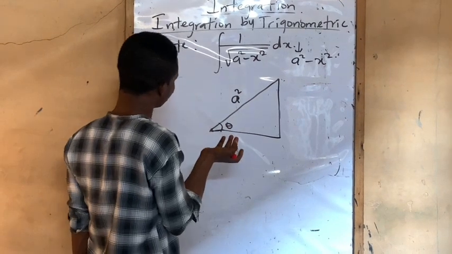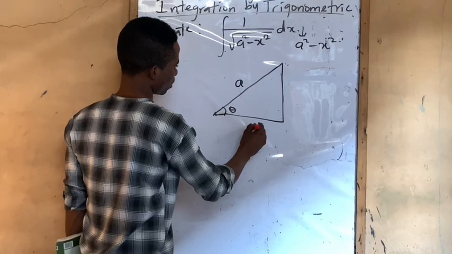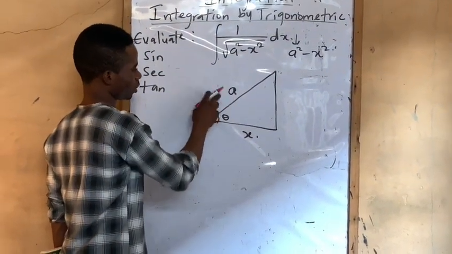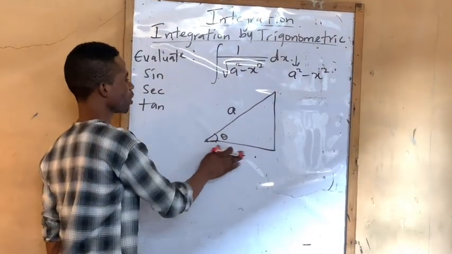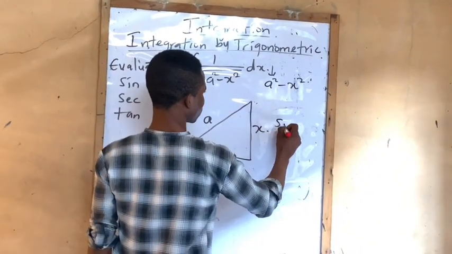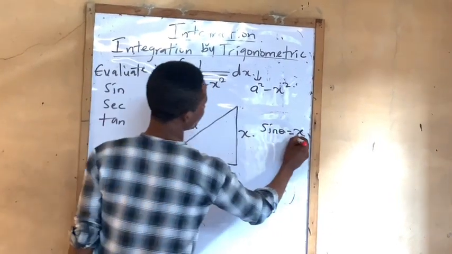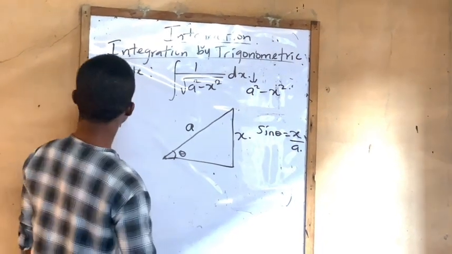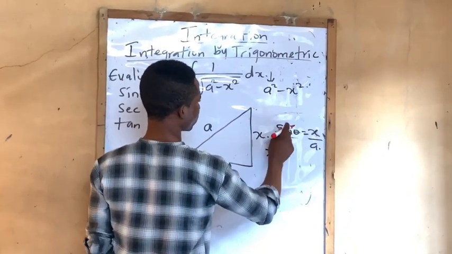I told you, if you put your x here, the only thing that joins this and this together, that is adjacent over hypotenuse, that is cos. So definitely your x must be here, which is sine theta, opposite all over hypotenuse, which is all over a. If you cross multiply, x equals a sine theta.